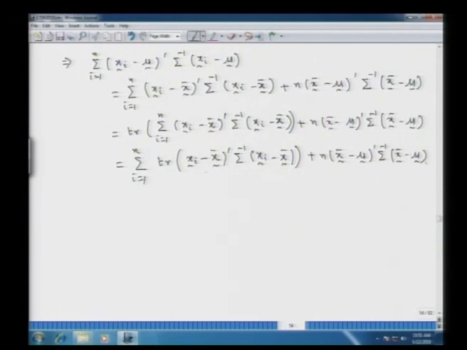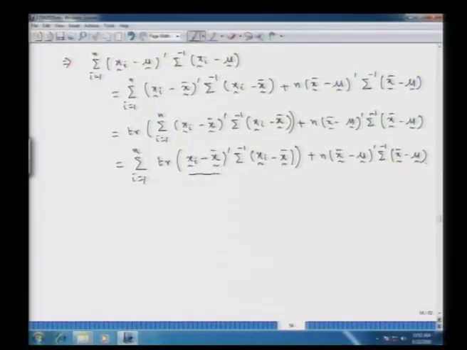Now, here we have the trace of this particular quantity, which is a scalar quantity. So what we will do is use the result that trace of AB equals trace of BA, where we consider this to be the first term A and this to be the second term B. So trace of AB would be trace of BA.